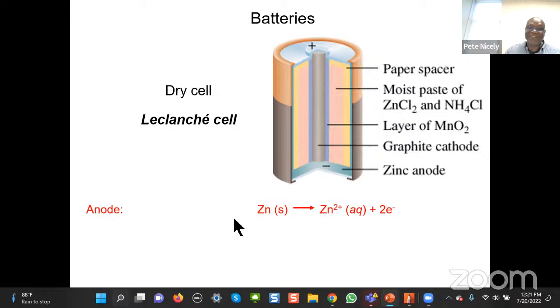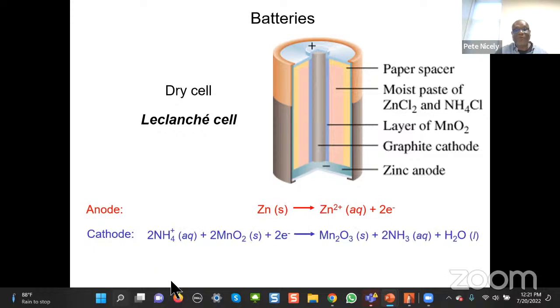So basically the half reaction that would take place at the anode would be the conversion of zinc to zinc 2+ by the loss of 2 electrons. Now the cathode would be made up, it's a bit more complex, of manganese dioxide. And basically the way this works, this is a half reaction here: ammonium plus the manganese dioxide plus 2 electrons to give these products, right?